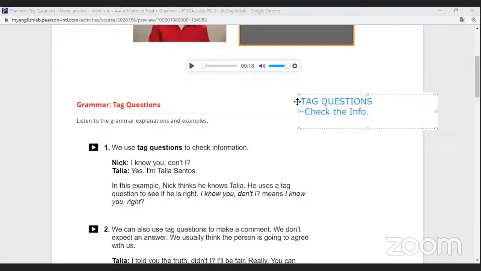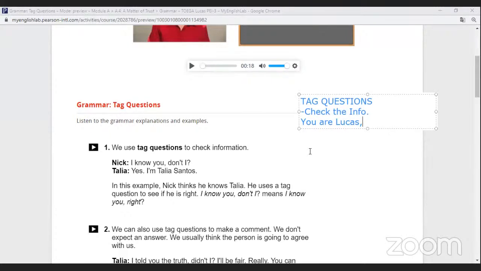For example, if I tell you this, you are Lucas. I'm sure that you are Lucas. I know that information about you, but I'm not really sure. So I'm gonna tell you the sentence, the information that I have, and I'm gonna ask you about this information, if it's true or not.